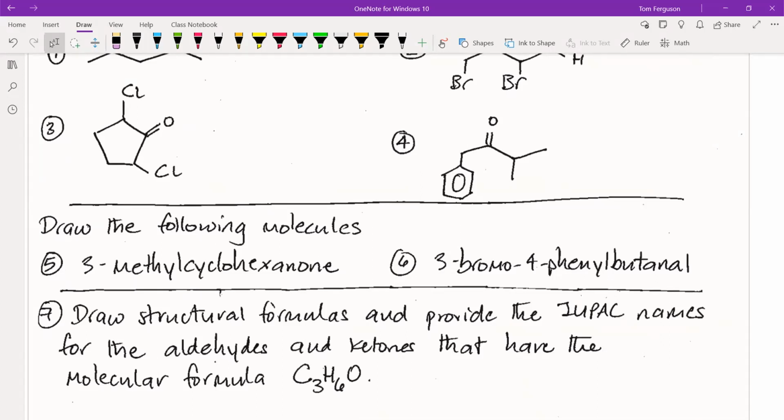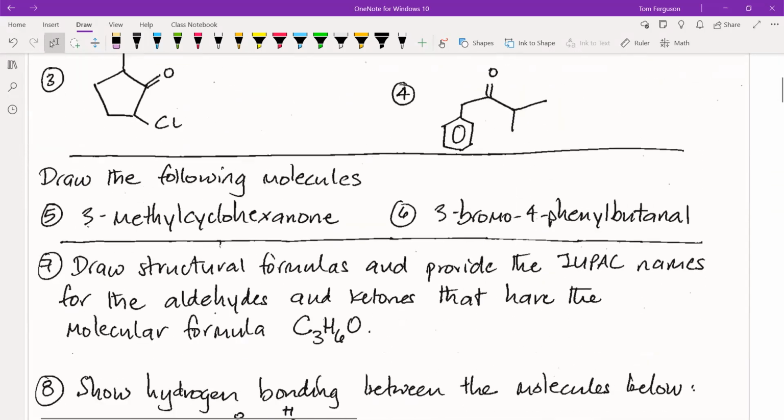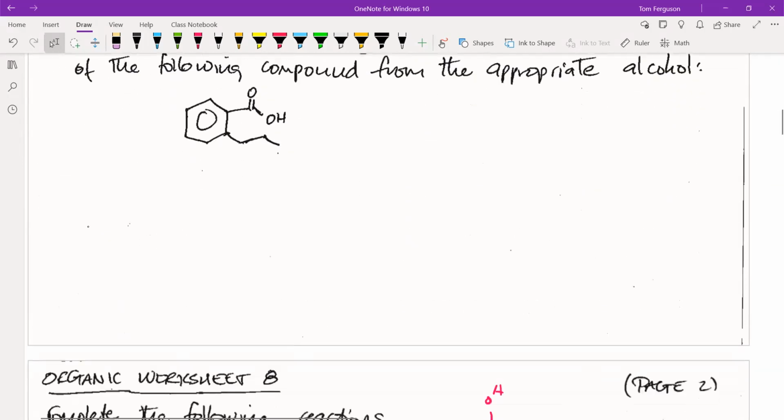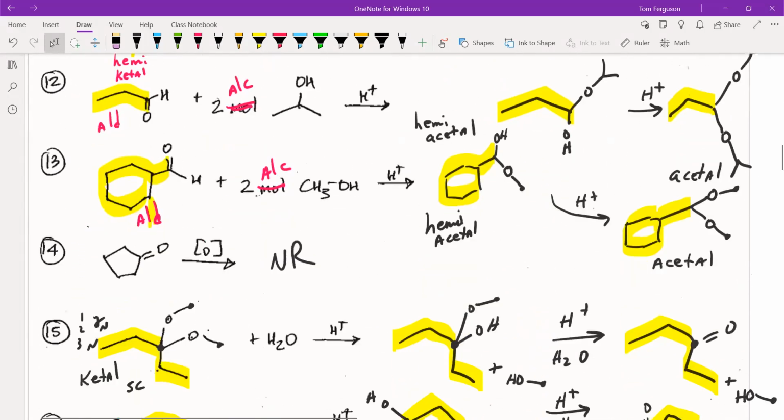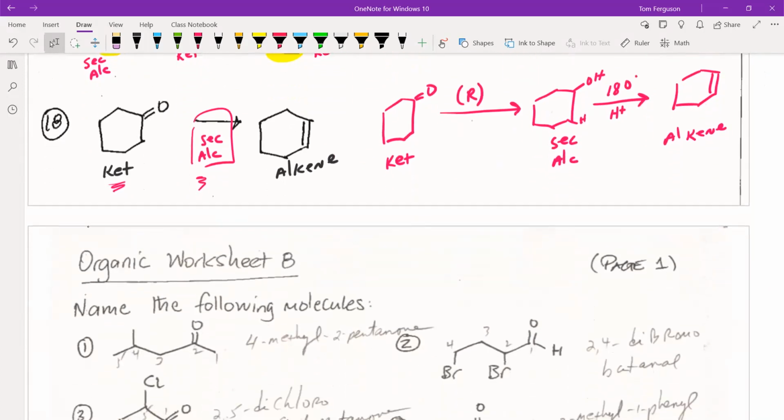So let's see what the chat's on. Which one? Tiffany. The last question you did, wasn't that an aldehyde or am I getting confused? This right here. Yeah, number 18. No, it's a ketone. Oh, okay. Maybe I just got confused.